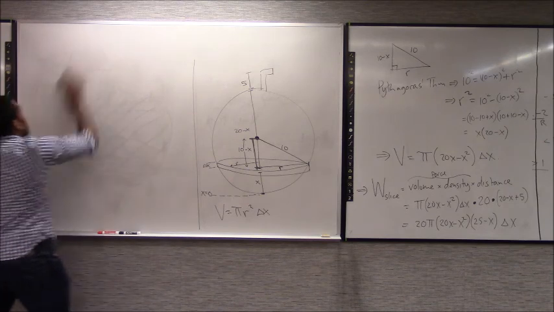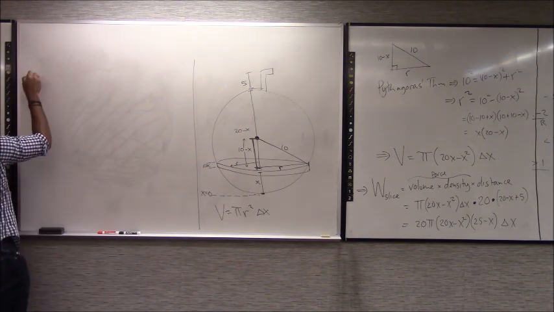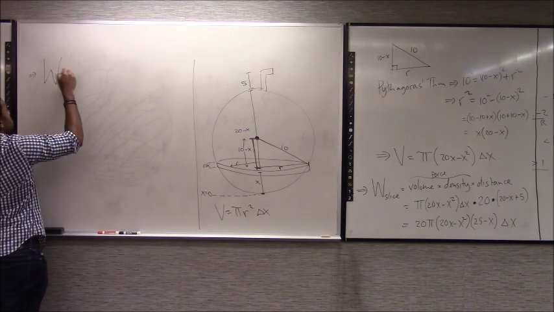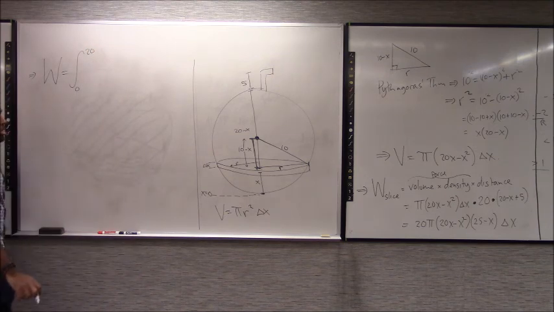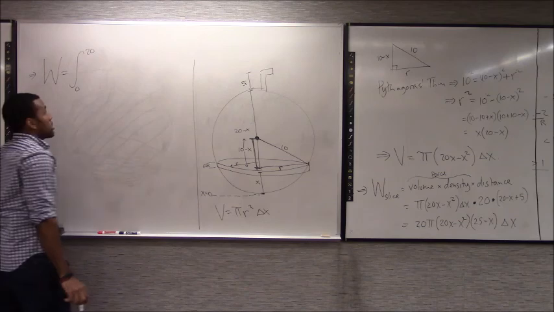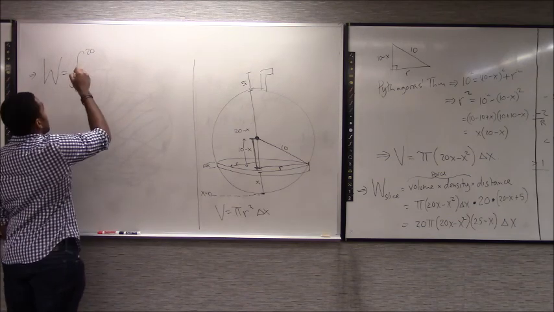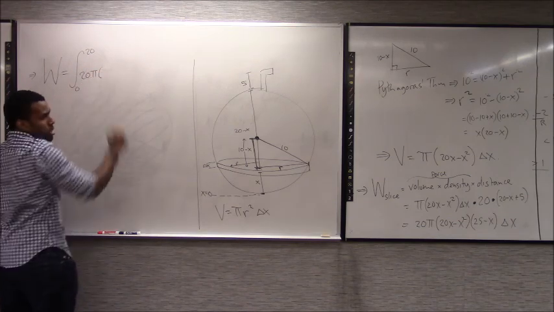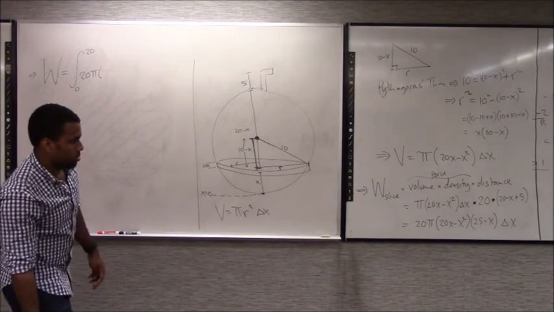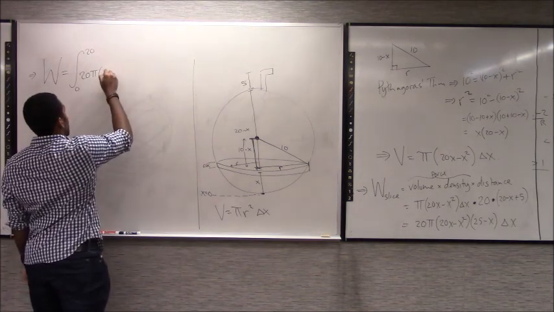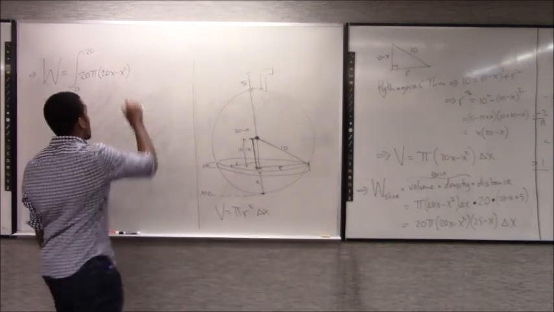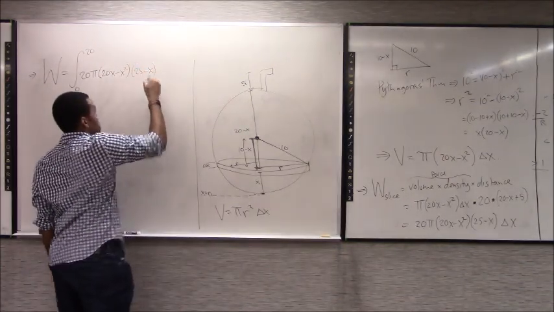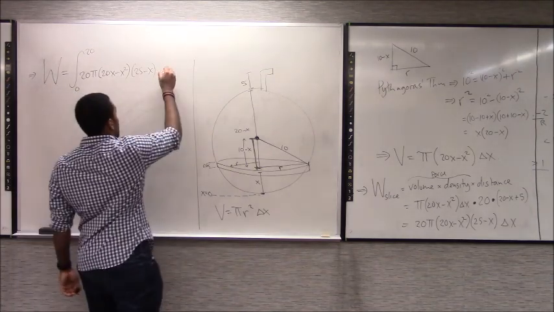So that means the work is going to be the integral from 0 to 20 of 20 pi times (20x minus x squared) times (25 minus x) times delta x.